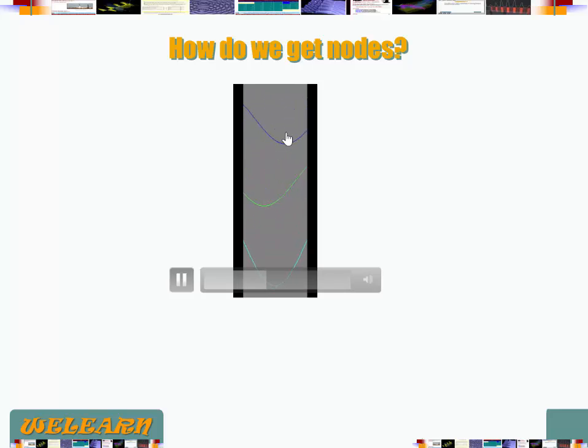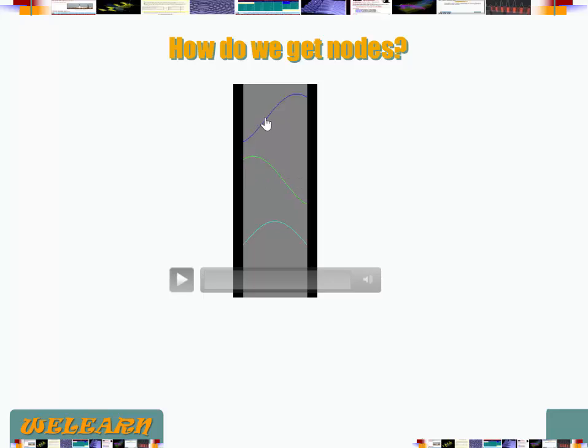So the wave, because we have fixed ends at both sides of the string, the reflected wave in both cases are going to be inverted, resulting in a wave that's out of phase compared to the incident wave.